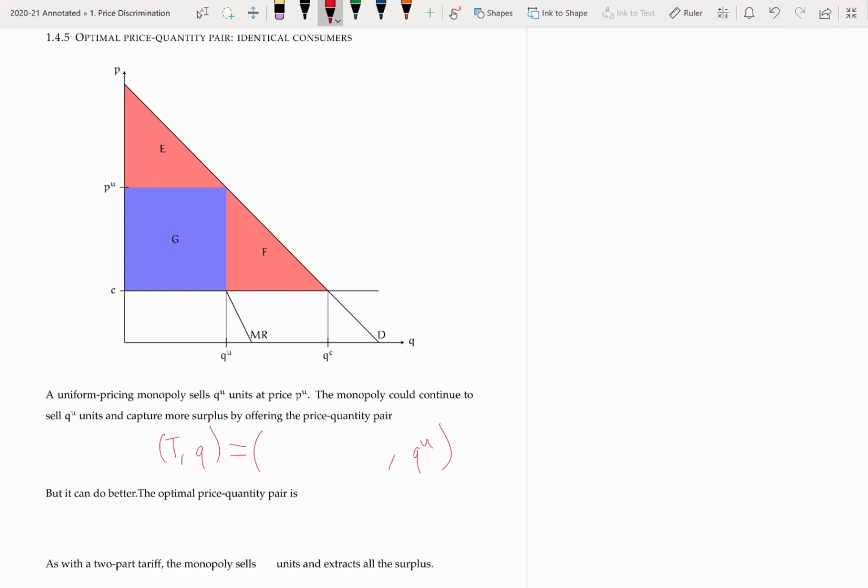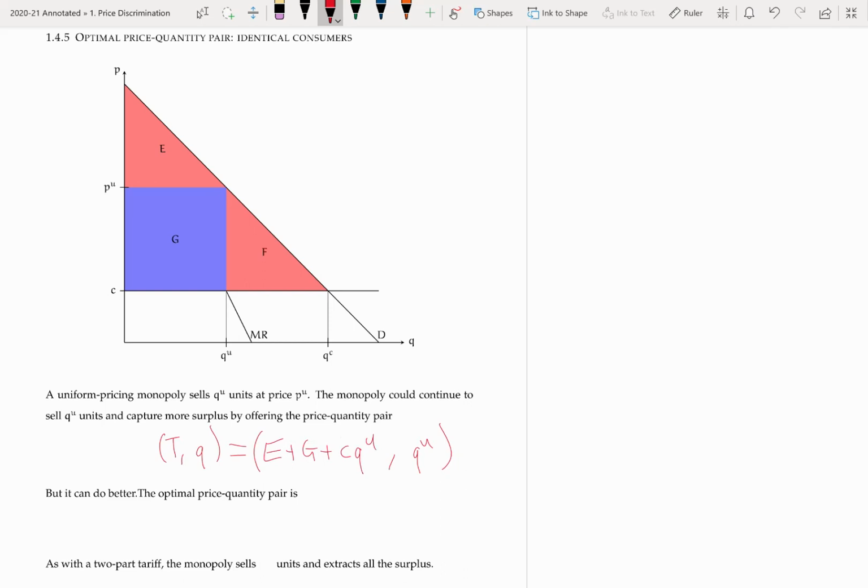We're going to charge them the area under the demand curve, and the area under the demand curve is going to be E plus G plus this area here, which is C times QU. So the optimal price is E plus G plus C times QU.